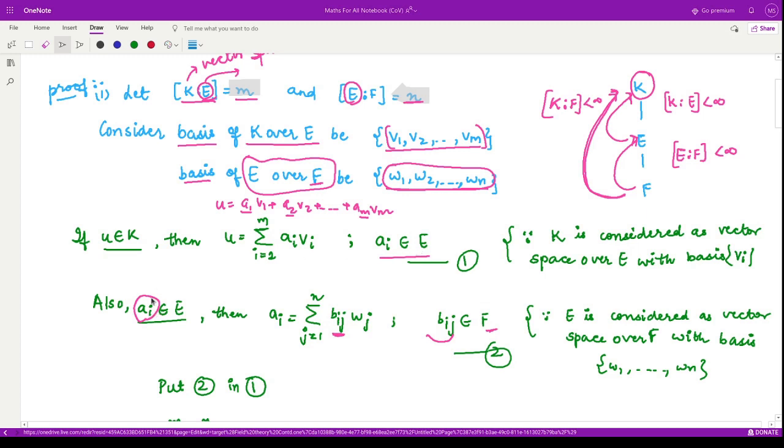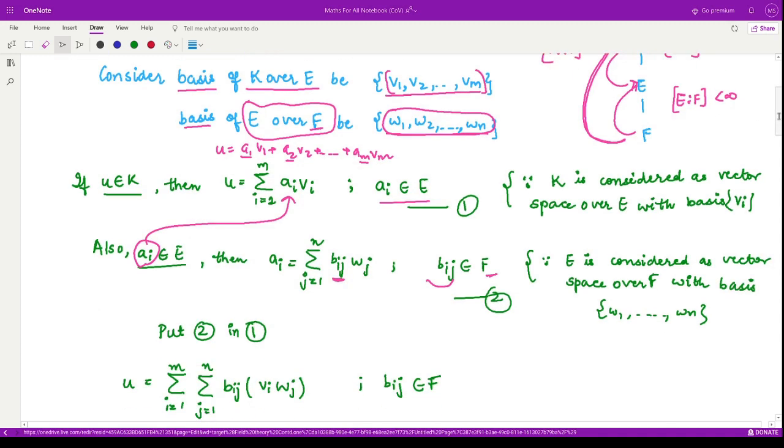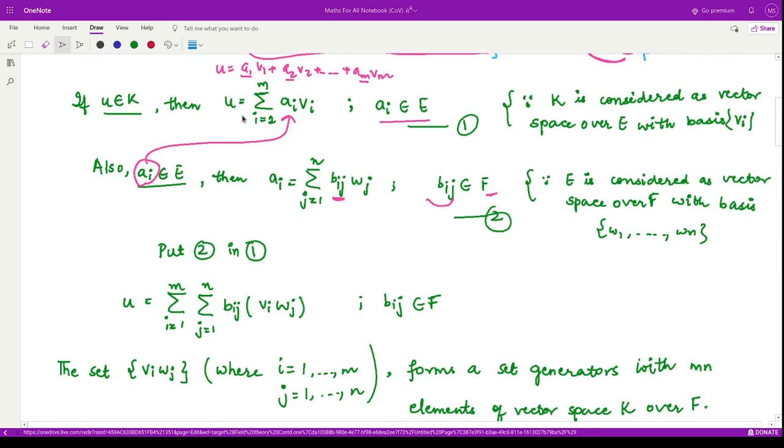So we can substitute this value of ai from here to here. So let us see what we get. We have u equal to the summation i varying from 1 to m, and the value of ai would simply be equal to this thing, which is what we have written over here, into vi, right? Into vi. So we have this.